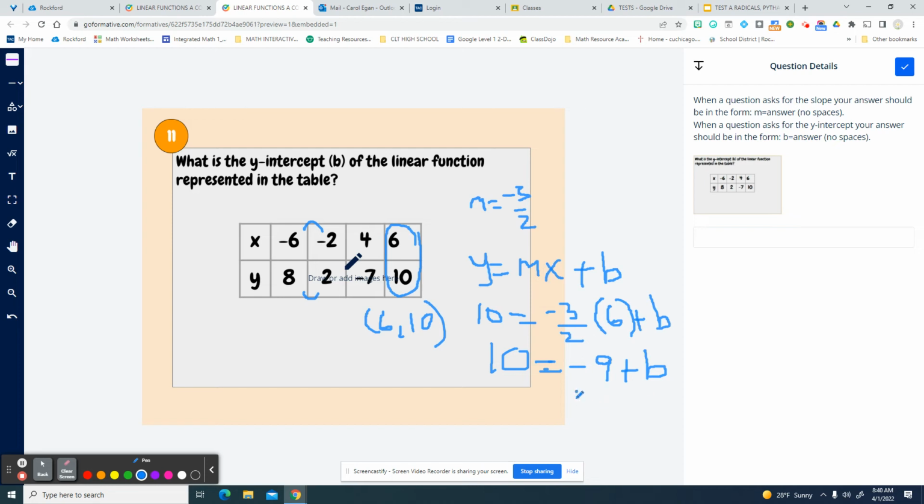And then we just isolate b. We add 9 to both sides. And we get 19 equals b.